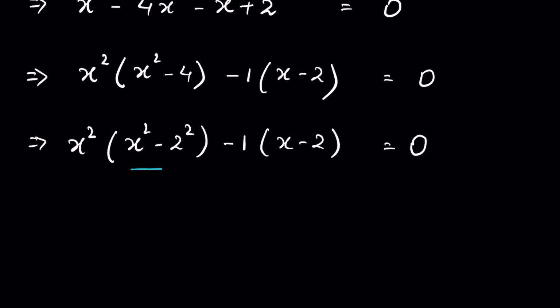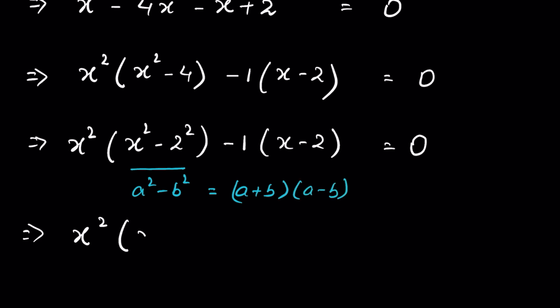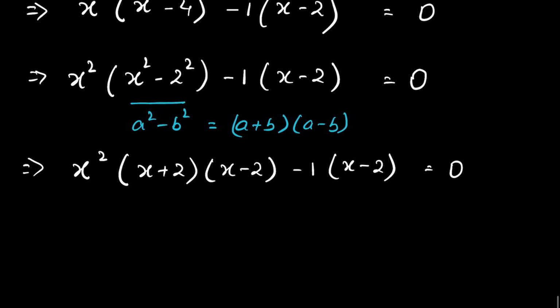Now this is in the form of a² − b², difference of squares, equals (a + b)(a − b). So this we can write x² times (x + 2)(x − 2), then − 1 times (x − 2) equals 0.